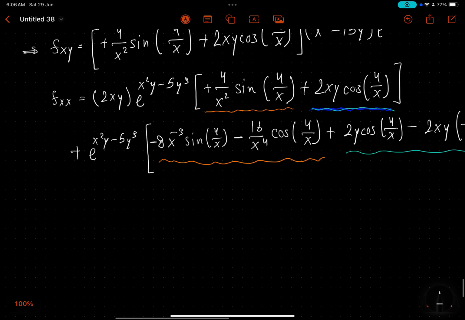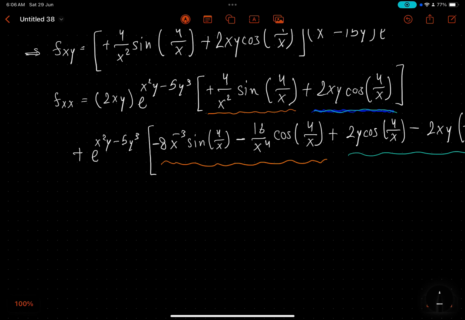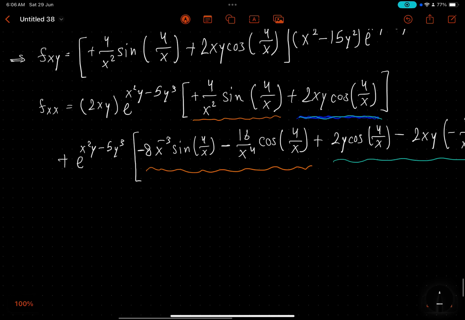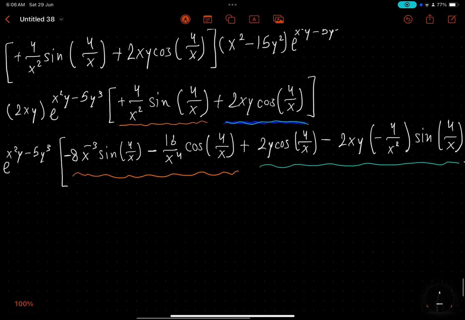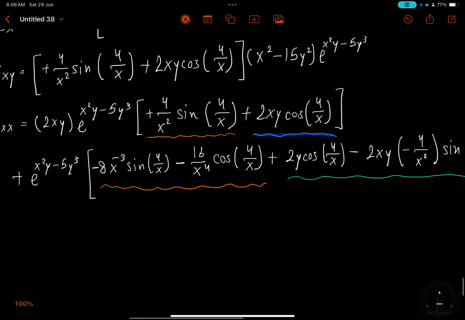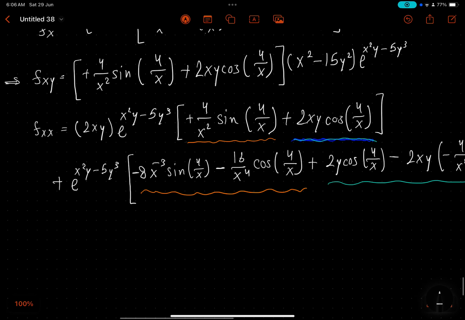Now let's try and add the terms. Let's see what we can do regarding the terms. Try to find common factors. So our first common factor is just e to the x squared y minus 5y to the 3. And now we have this.